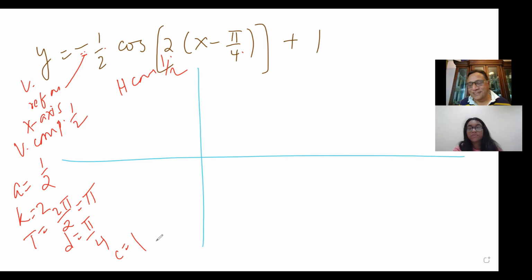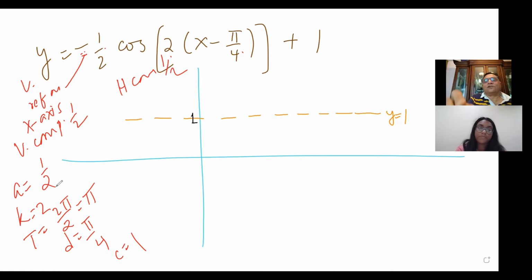I actually start with the axis, okay? So let me draw the axis first, which is at 1, right? So let's say this is my 1 unit. Okay, so I'm drawing this axis. So basically, I'm saying on my graph, this is the point 1 unit above the x-axis. Is that clear? Now, what is the amplitude? Amplitude is half.